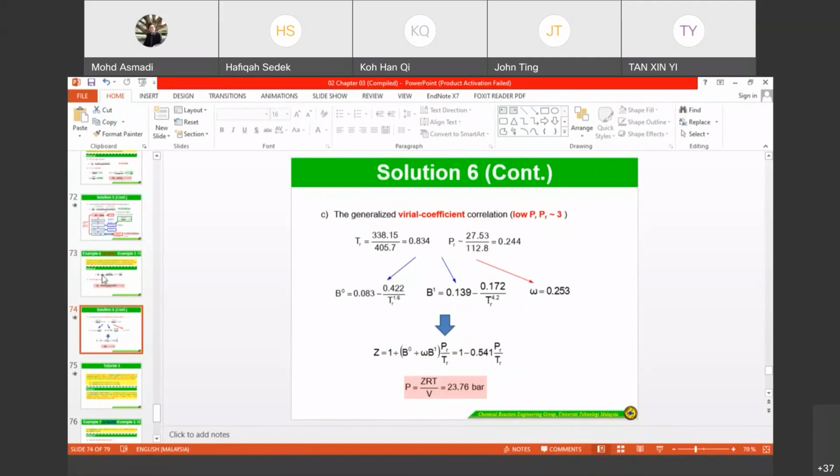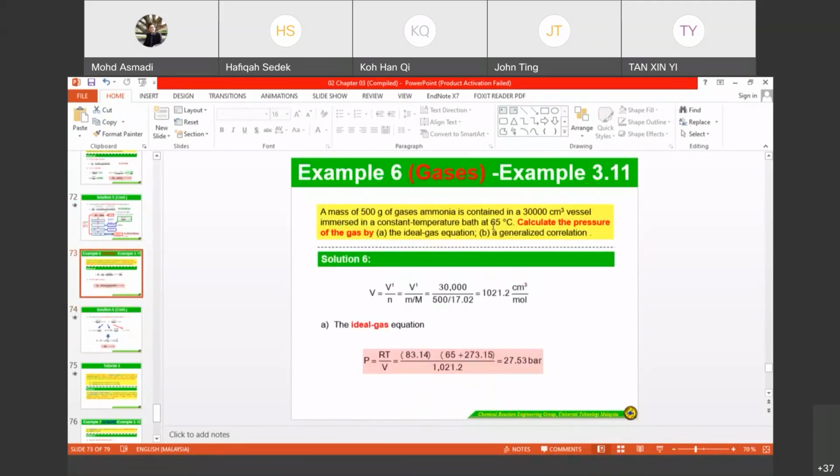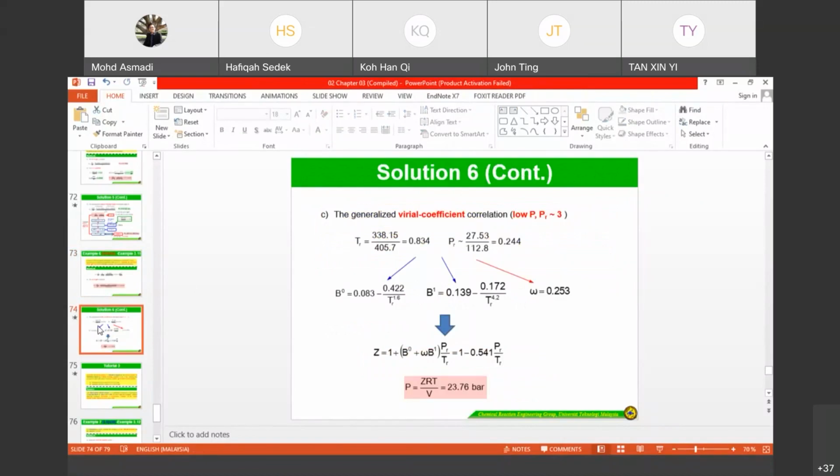For the generalized correlation, we have to calculate the temperature, right? Whether you want to use the Lee-Kesler or virial, you can determine PR.